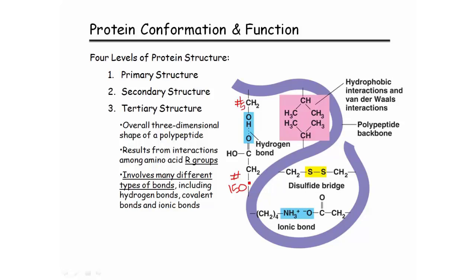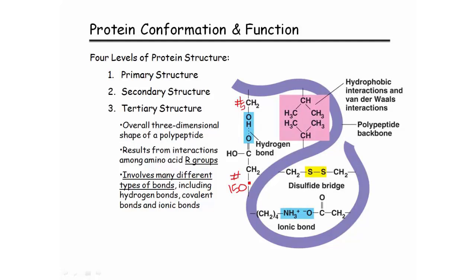If they form hydrogen bonds with some other side chain instead, then we may very well not get this three-dimensional shape that is the goal here. So it's pretty amazing that if you have a polypeptide that's made up of maybe 400 amino acids, that they could all fit together in the perfect way every single time. But again, the cell does spend quite a bit of effort in making sure that that takes place, because if it doesn't, then this whole protein is going to be useless.